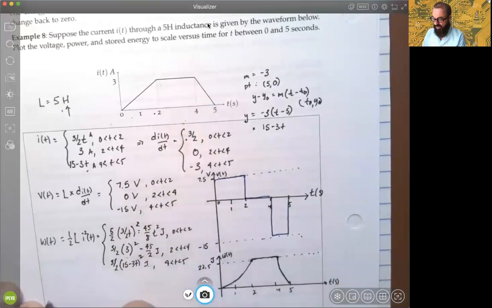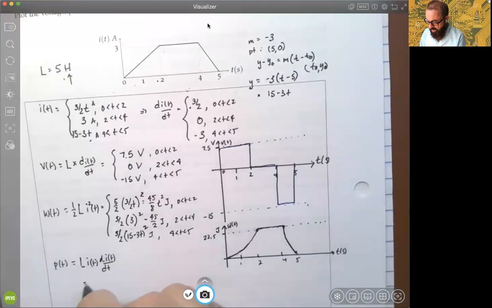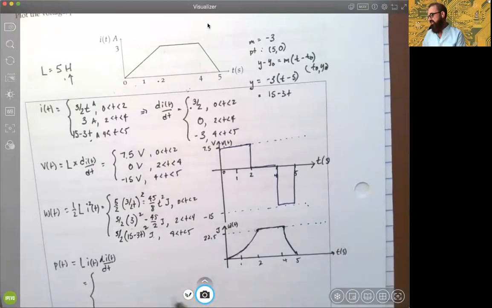Last thing I like to do is the power, P of T. We don't need the voltage, we just need to multiply the current with its derivative, and then the 5 henries with it, okay? So this is a little bit more complicated, so we'll just leave some space here.